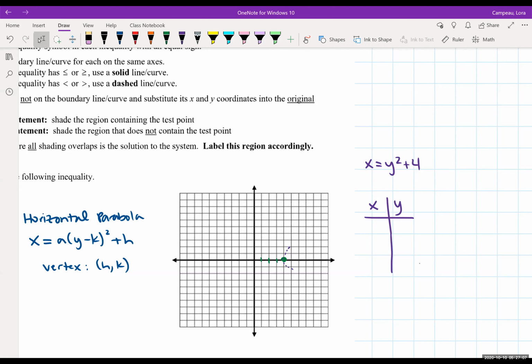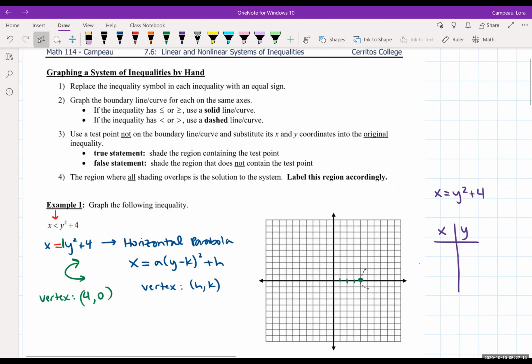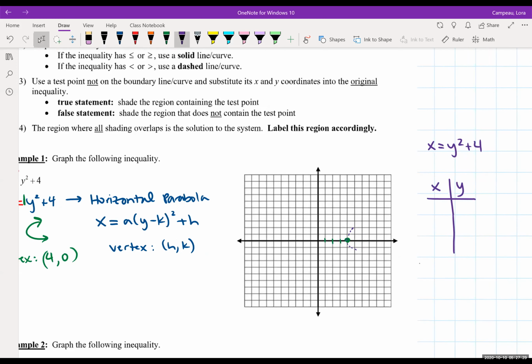If I choose y values, I want to be careful and clear. I'm obviously not going to pick y equals 0 because that's already where the vertex is. So we've already taken care of that. So we could pick y equals 1, maybe.